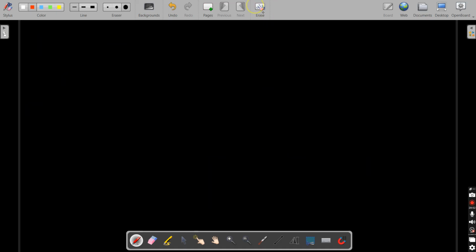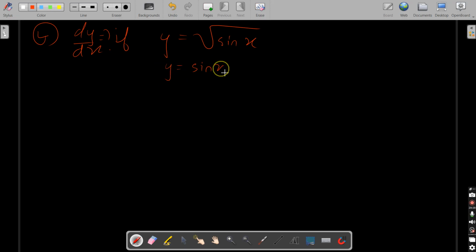One more question. The question is find dy by dx if y is equal to under root of sin x. So wait a second. We can also write this as sin x to the power half.